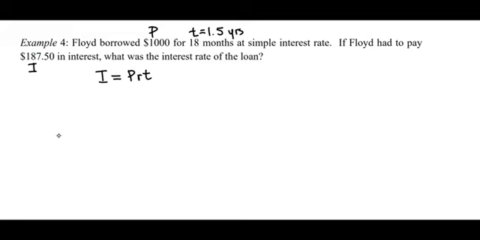So let's drop everything that we have into this equation. 187.5 equals 1,000 times 1.5 times R. So that's the missing variable.